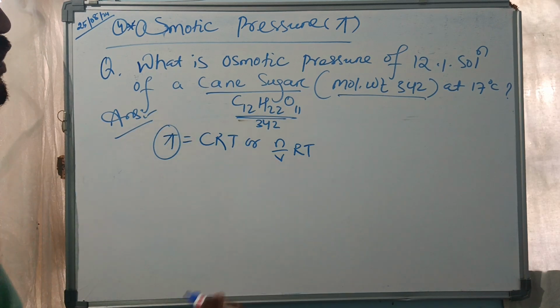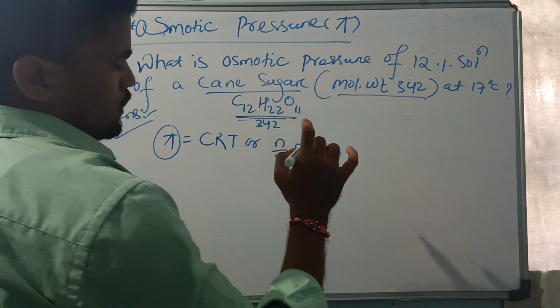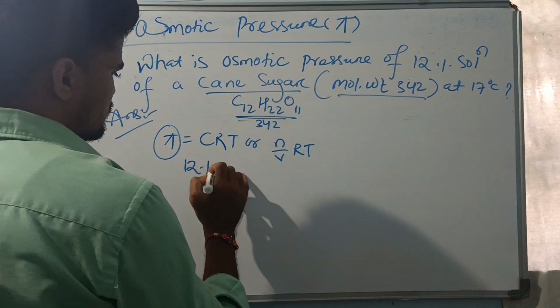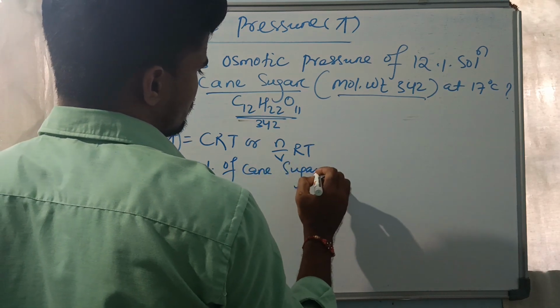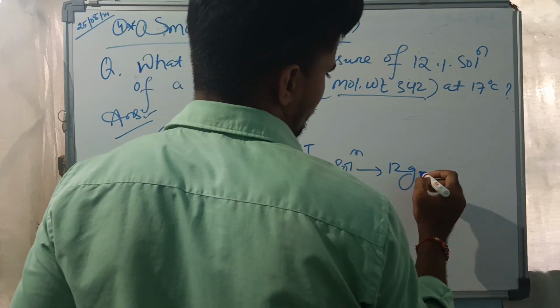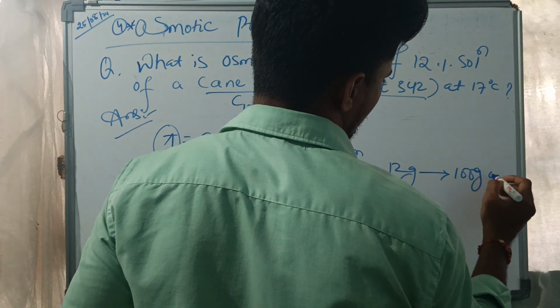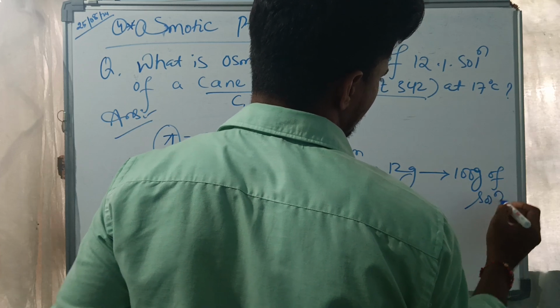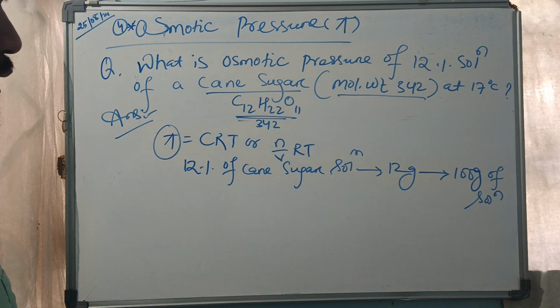A 12% solution of cane sugar means 12 gram of cane sugar is present in 100 gram of solution.